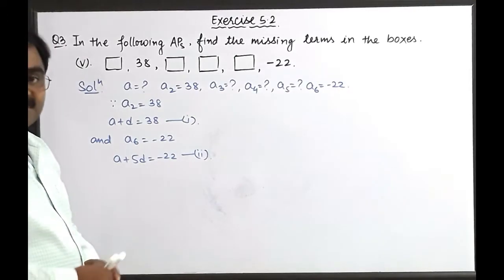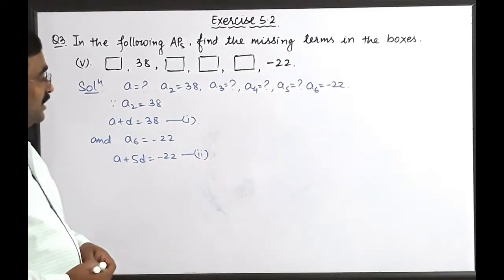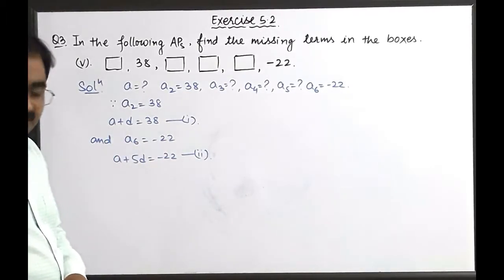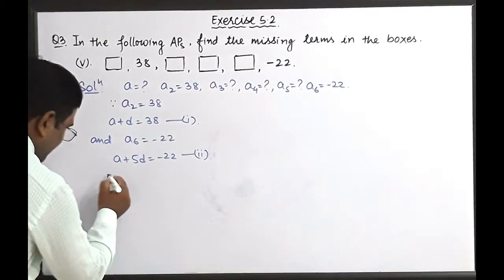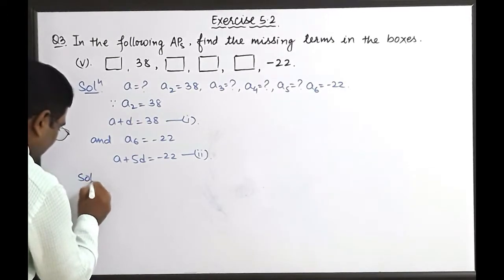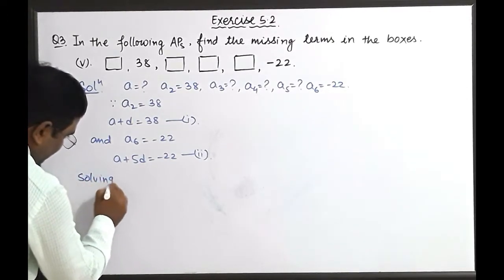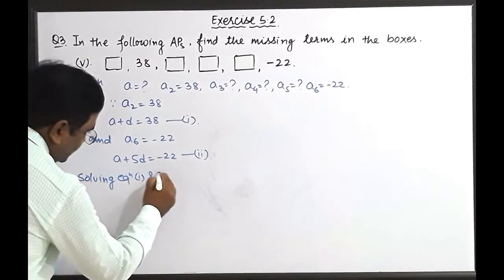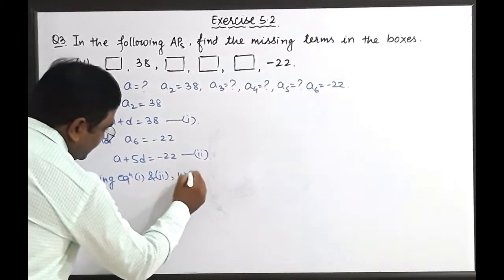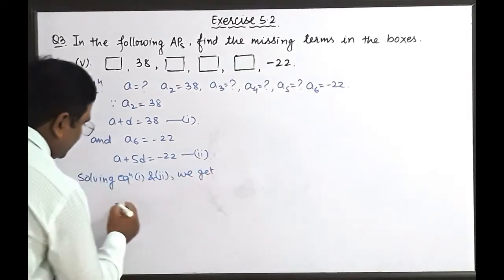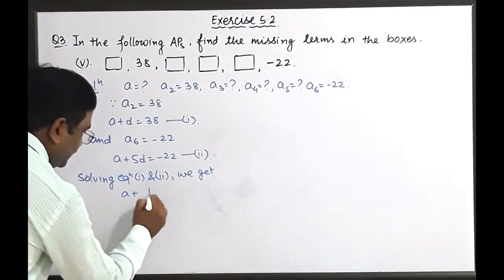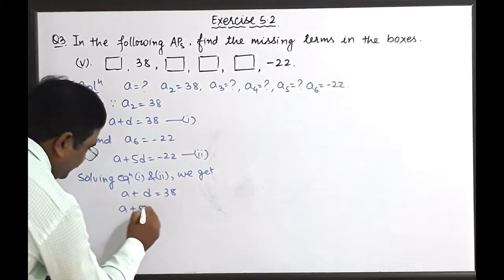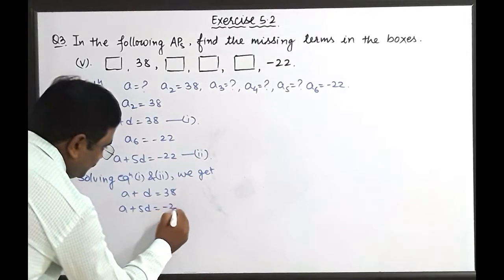अभी हम क्या करेंगे? सिमिलरली जैसे हमने इसके पहले वाले पार्ट में किया था, इस इक्वेशन फर्स्ट एंड सेकंड को हम सॉल्व करते हैं. So solving equation first and second, we get A plus D is equal to 38 and A plus 5D is equal to minus 22.